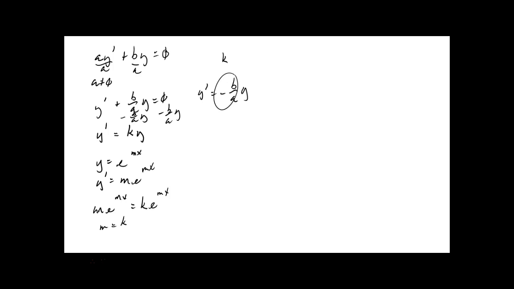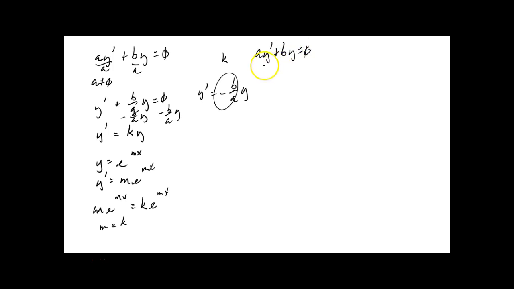So if we substitute that, y' is that. Now let's go back into the a's and the b's. Let's go back to our first equation here, ay' + by = 0, homogeneous.